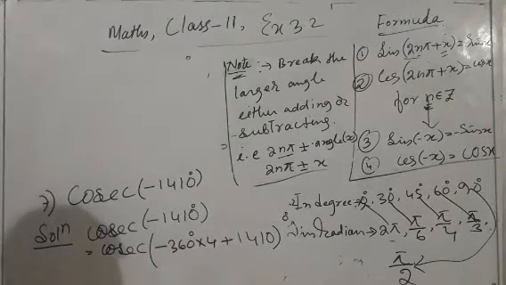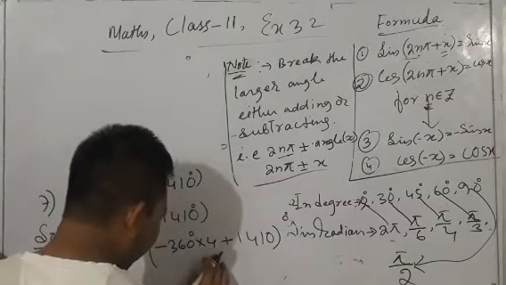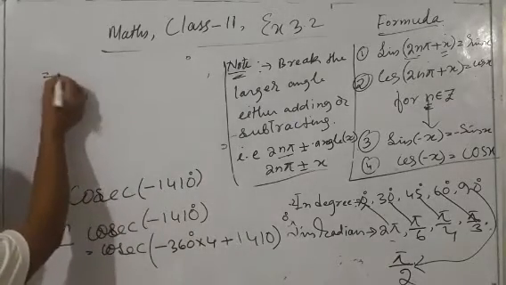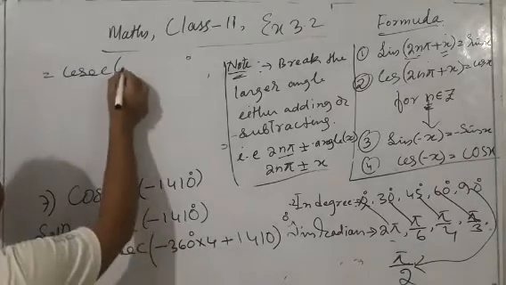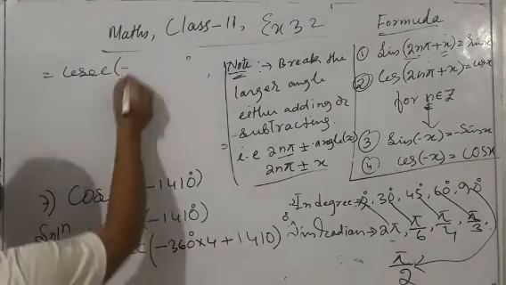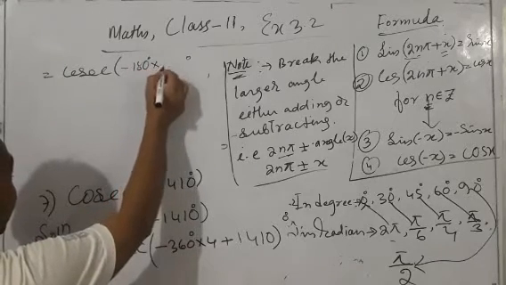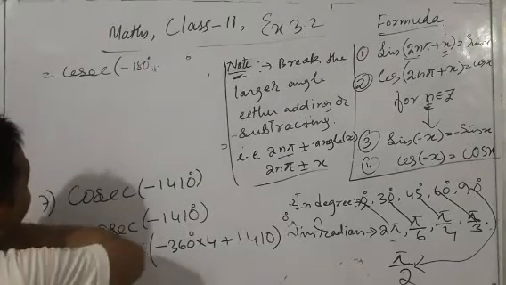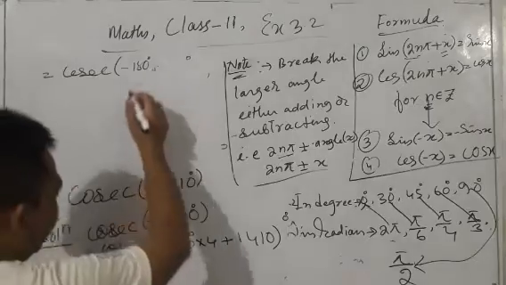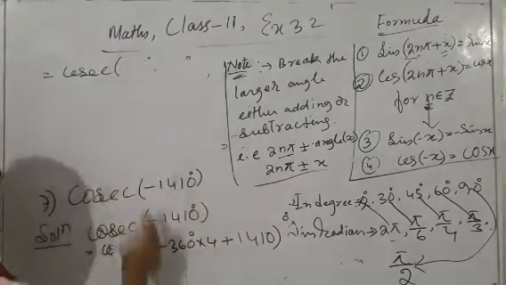Now you see, you can break like this also. Cosec of, if we break this part into 180, 180 into 180, 180 to pi. Okay, let it remain like that. No need to proceed further.